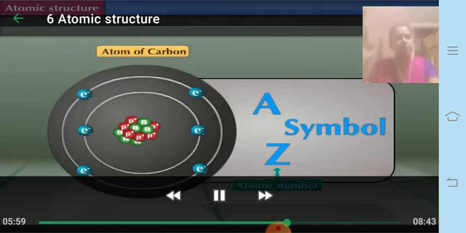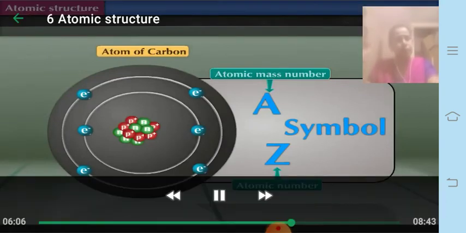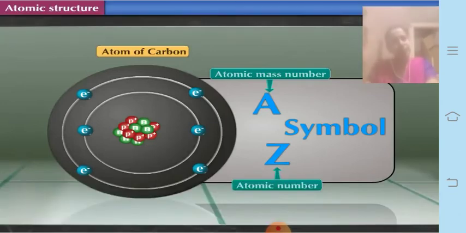Remember, the atomic number is written down and the atomic mass number is written up. So A is the superscript and Z is the subscript. If you cannot remember how it goes, always remember A to Z. That means A is up, Z is down.